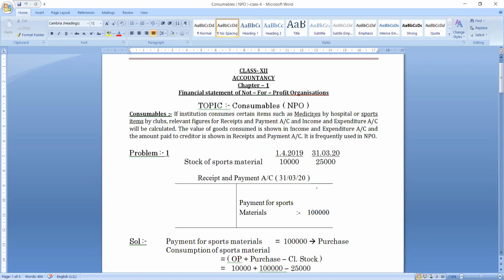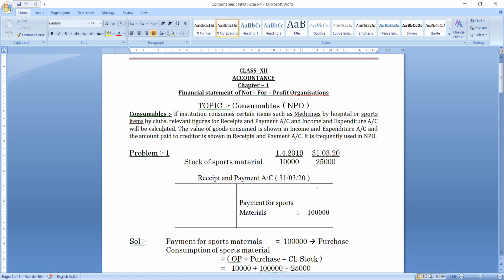If any medicine is consumed by a hospital or sports items are purchased by any club, in that case the income and expenditure account and the receipt and payment account will be calculated. The value of goods consumed within that accounting year, remember my word, is shown in the income and expenditure account.